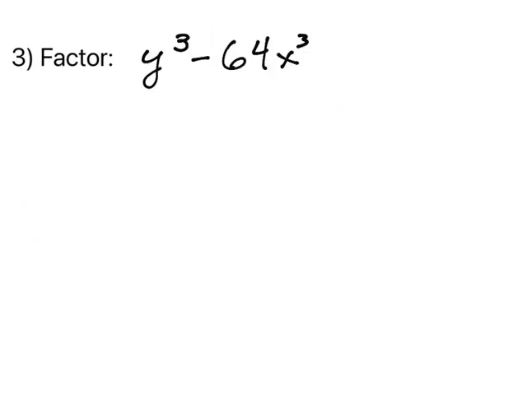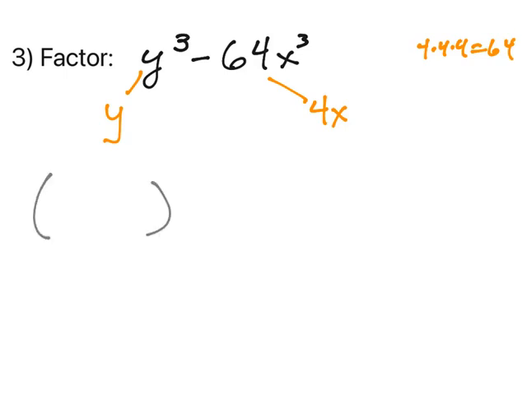Let's do one more. y cubed minus 64x cubed. Again, think about the cube roots. The cube root of y cubed is y. The cube root of 64x cubed is 4x, because 4 times 4 times 4 is 64. So my first binomial is just y minus 4x. It's just the cube root of each term.